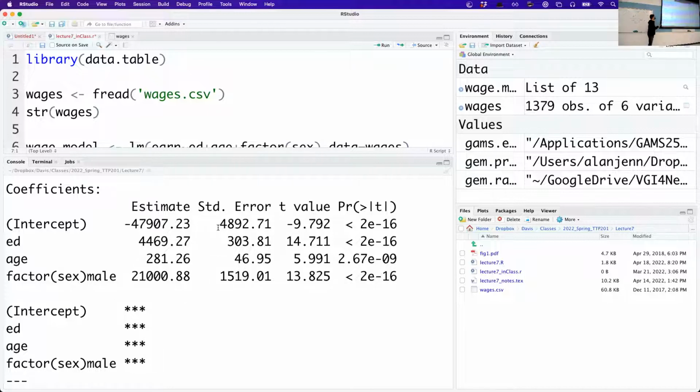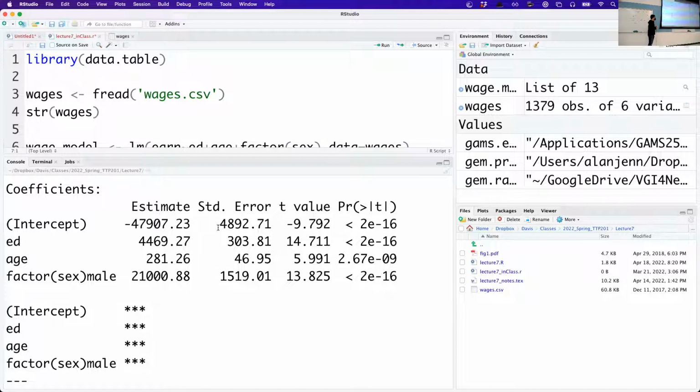So okay, let's walk through this one at a time. So let's start with education. So what is this kind of telling you? The higher the education value, the more money. Okay, and so on average, in the data, we observe that one additional year of education gets you how much more money? $4,469.